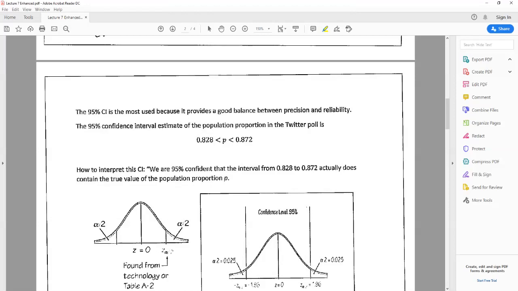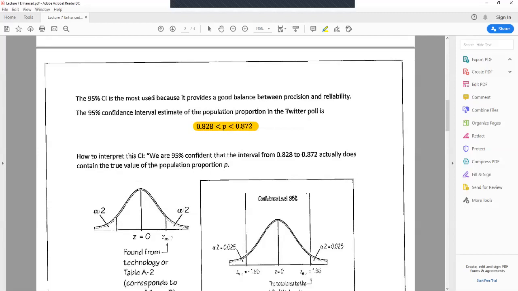The 95% confidence interval estimate of the population proportion in the Twitter poll would be 0.828 up to 0.872. By the end of this lesson, you will see where we got this confidence interval estimate.